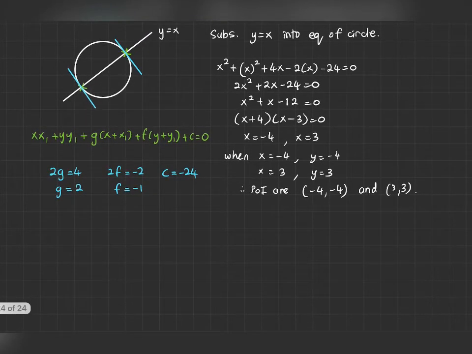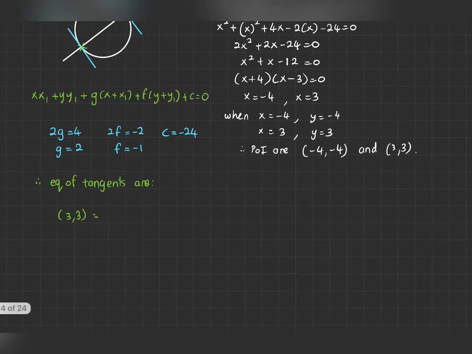Okay, so finally kita masukkan pula dia punya value untuk dapatkan equation of tangent. So masukkan point 3, 3 dahulu. So dekat 3, 3, equation of tangent kita adalah 3x tambah 3y, G adalah 2 kan, so tambah 2 x plus 3, f is negative 1, so negative of y plus 3 minus 24 equals to 0.